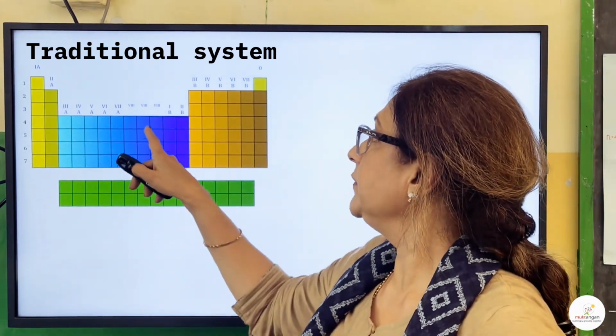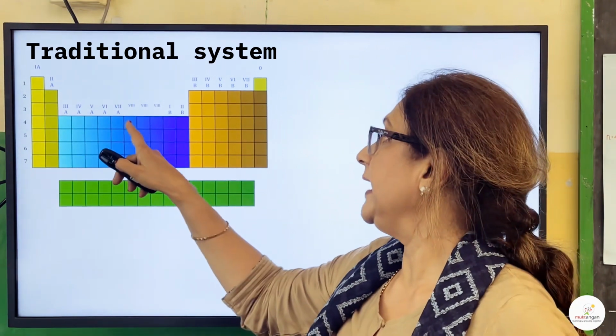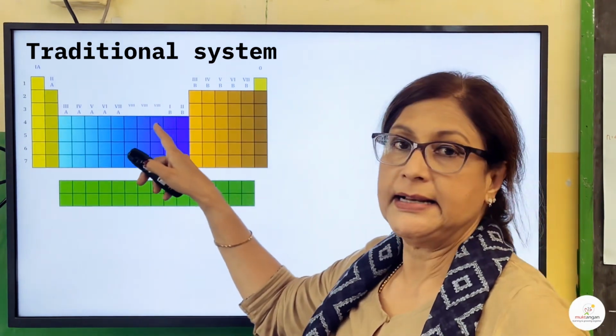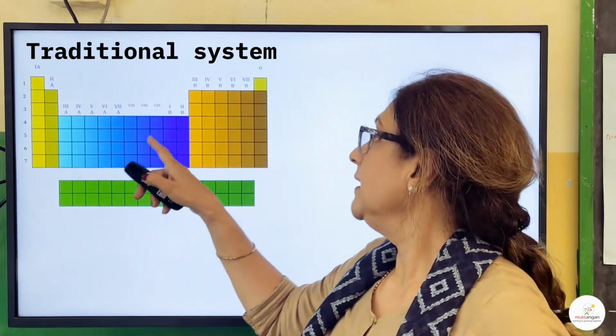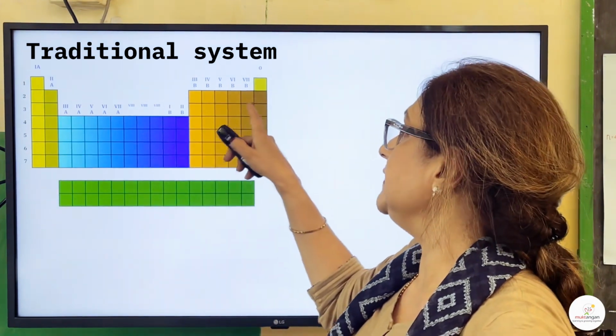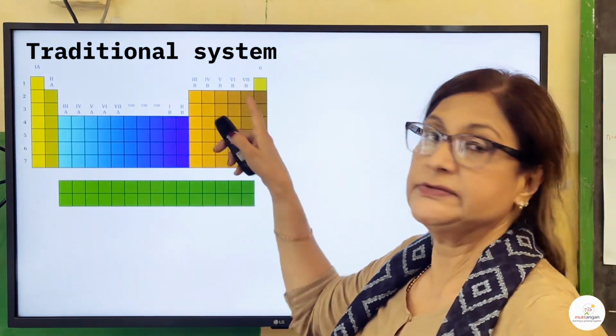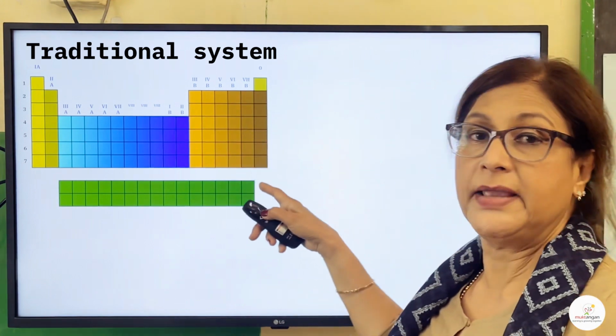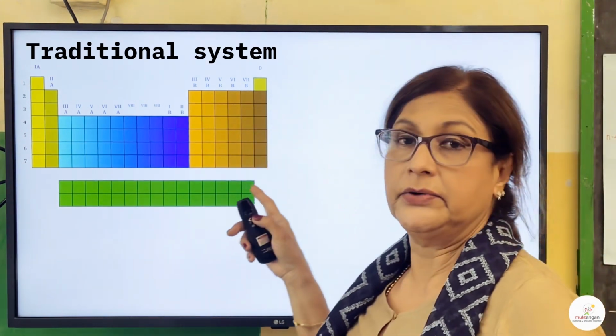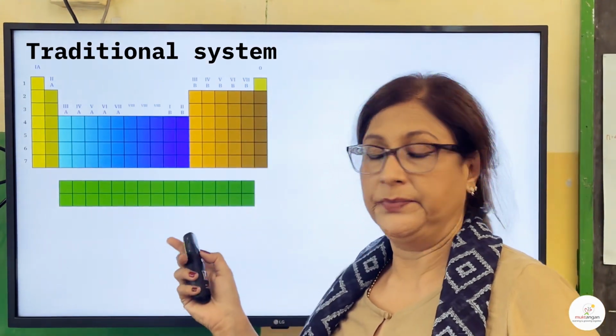From group 3 to group 7, it is 3B to 7B. Groups 8, 9, 10 are numbered as such. From group 13 to group 17, it's 3A to 7A. And the last column, the 18th group, is known as group 0 or the noble group.